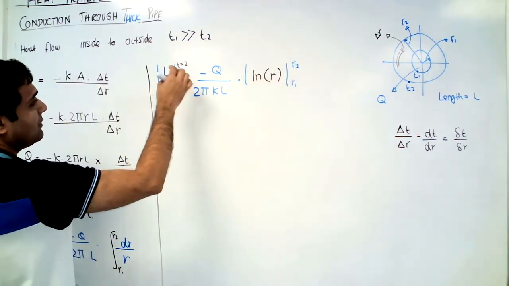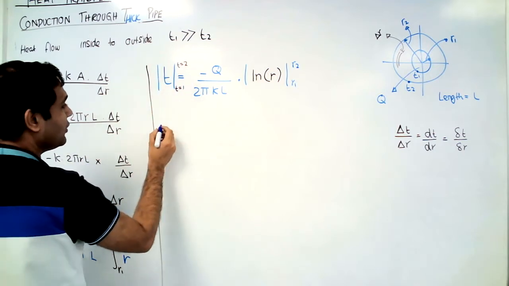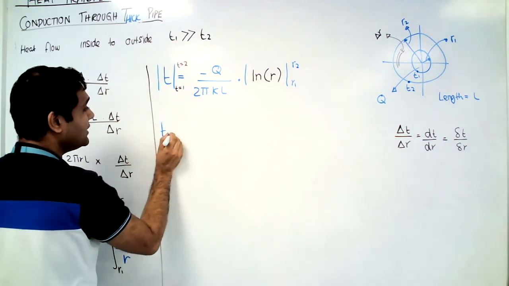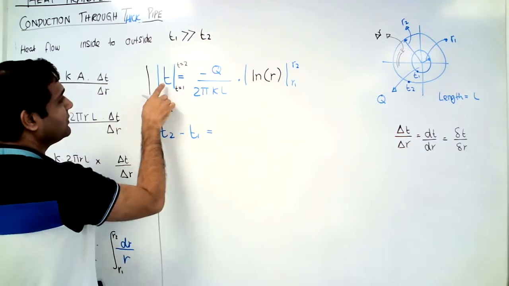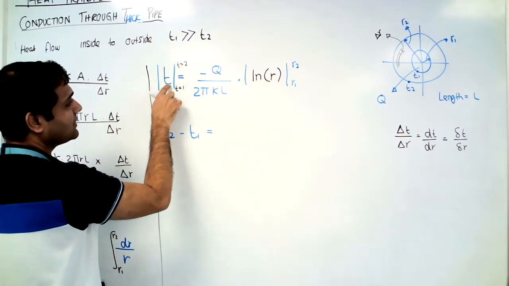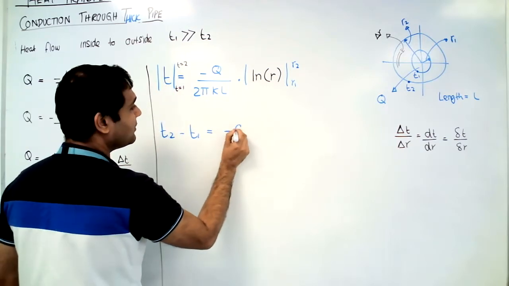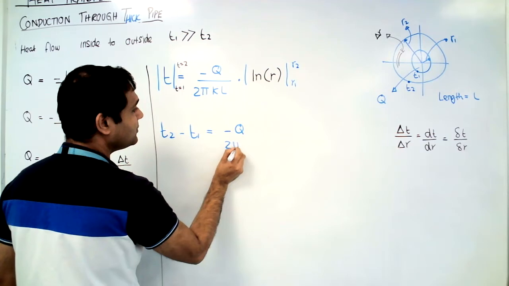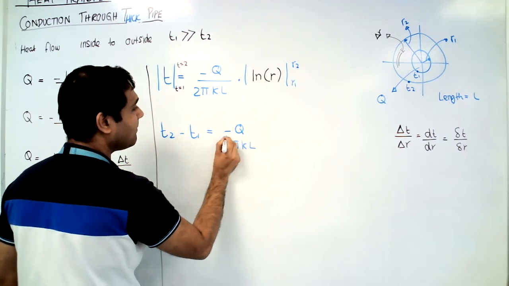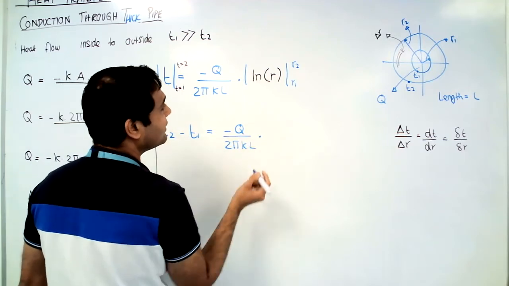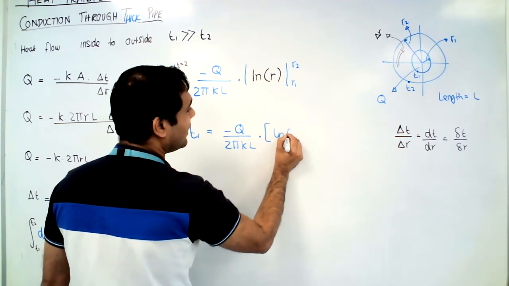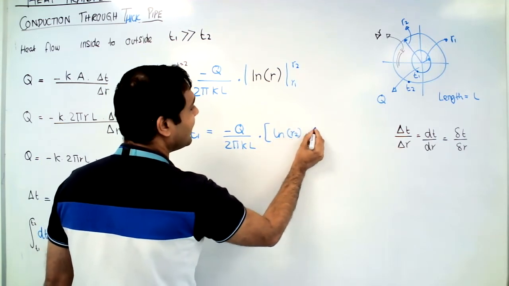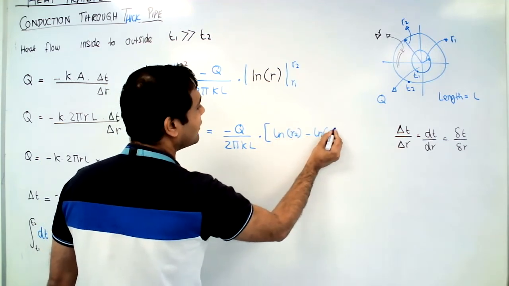The way we open it, upper limit minus the lower limit. So you do T2 minus T1, you put the upper limit first, minus then the lower limit. And this one is minus Q over 2 pi KL, and that one is the same: ln R2 minus ln R1.